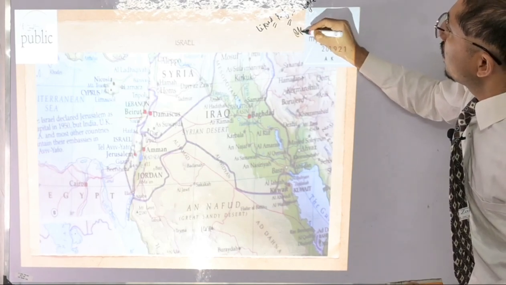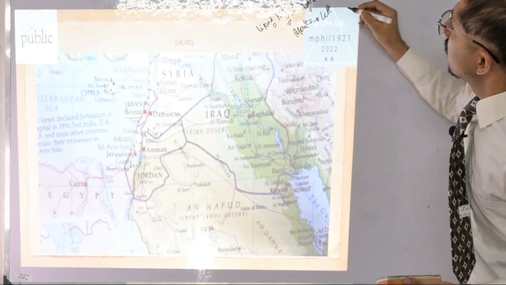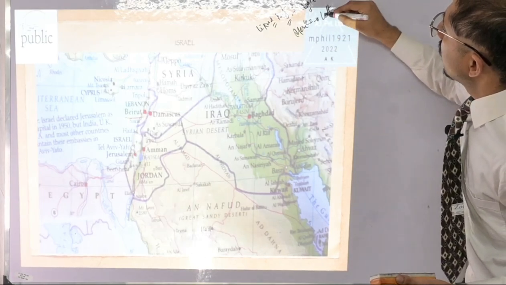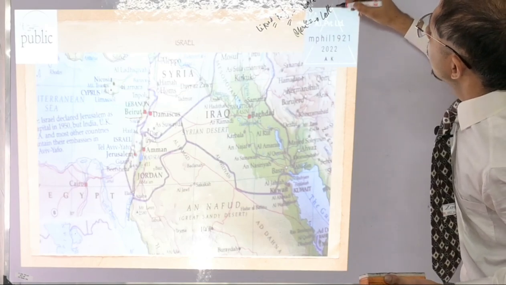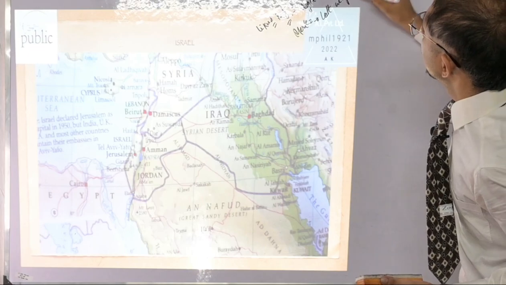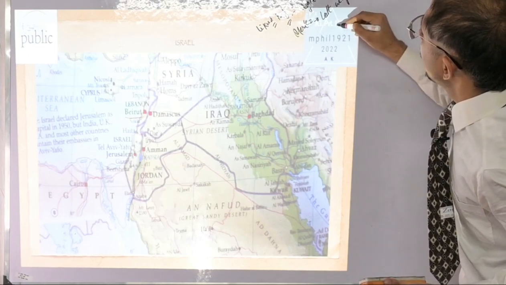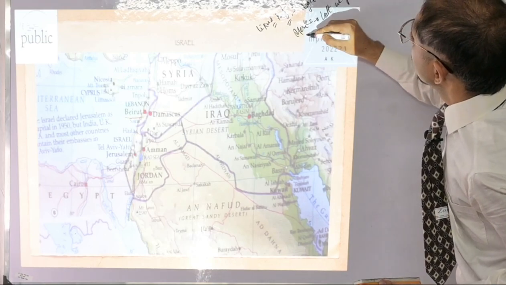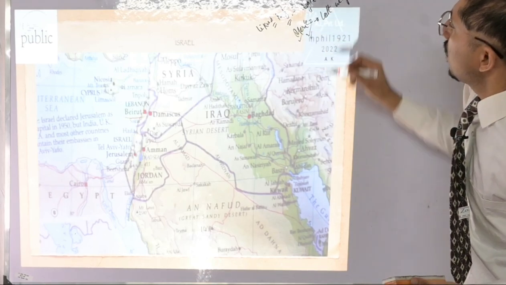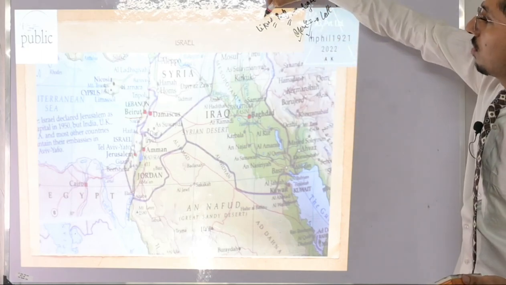Another is Meretz. This one is a left-wing party, and it has completely diminished to only 4 seats. So you can remember that this Meretz party is a left-wing party in Israel, and Netanyahu is from the Likud party.